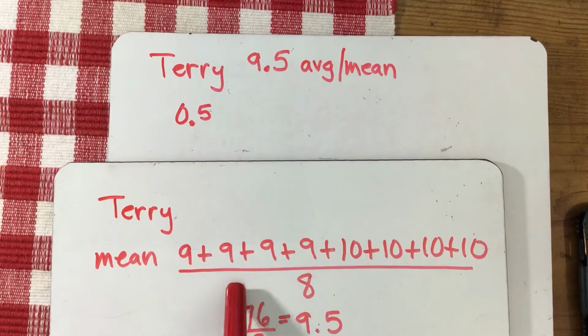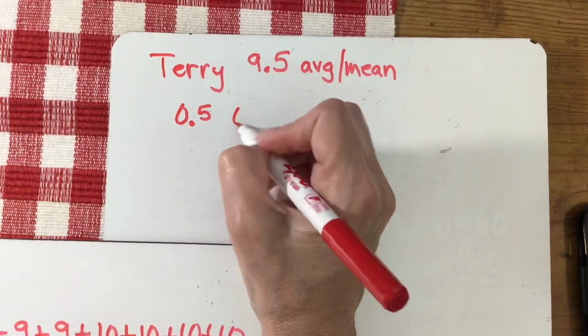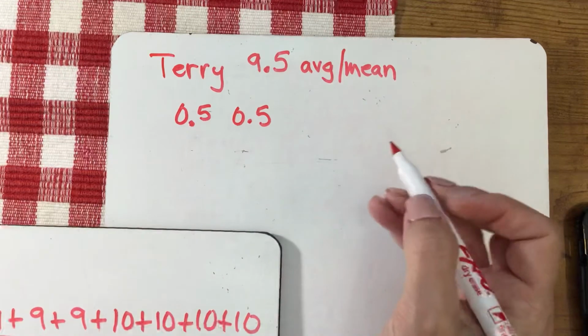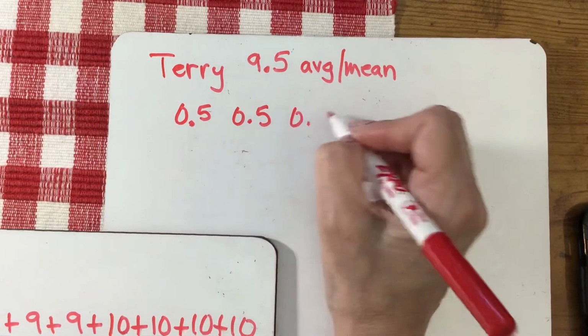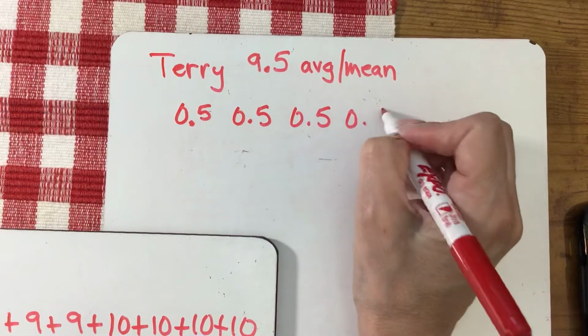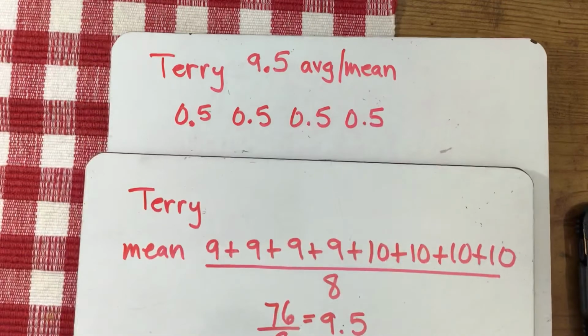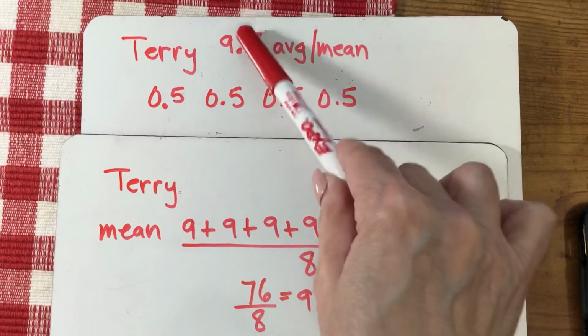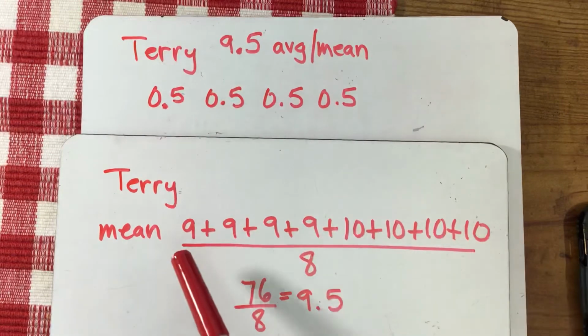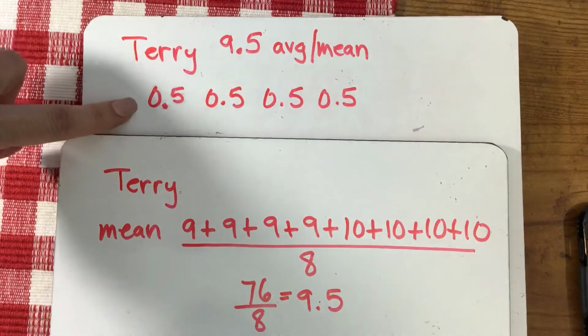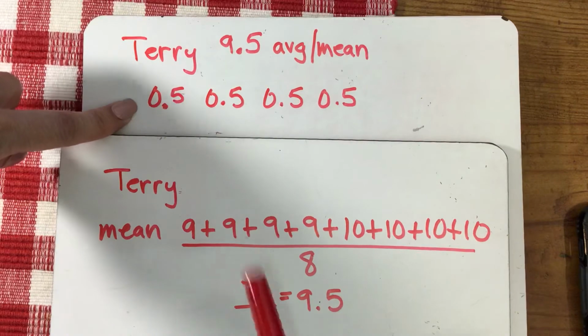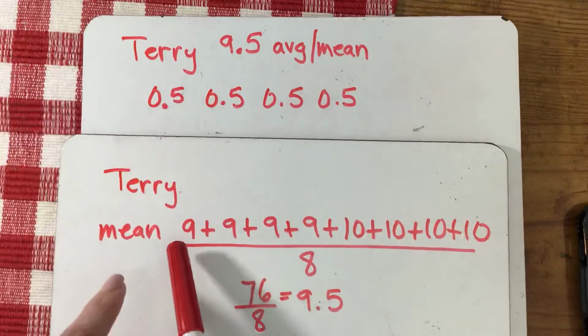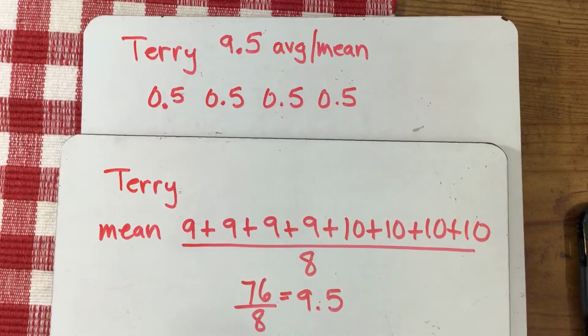Notice, I've got 2 more 9s here, so I need to write 3 more. Okay, this gets confusing, so stay with me. What this is saying is the difference between the average and what she actually scored is 0.5. And now I need to have 4 of them because she has 4 9s here.